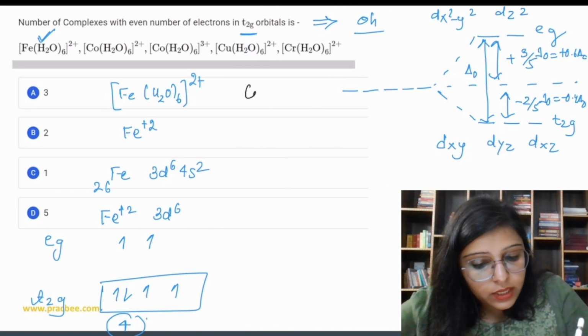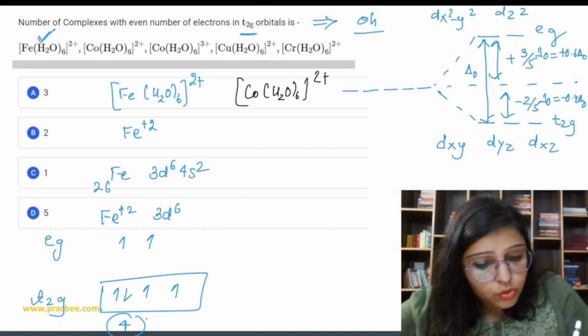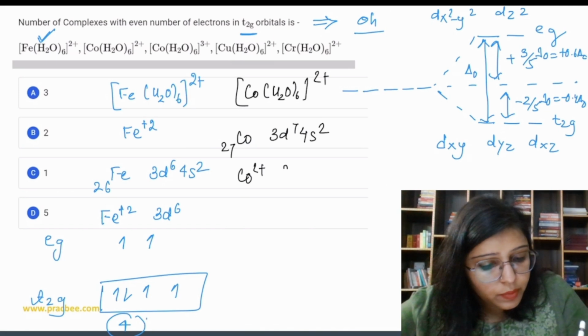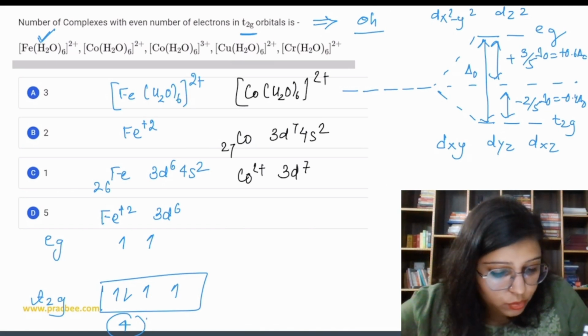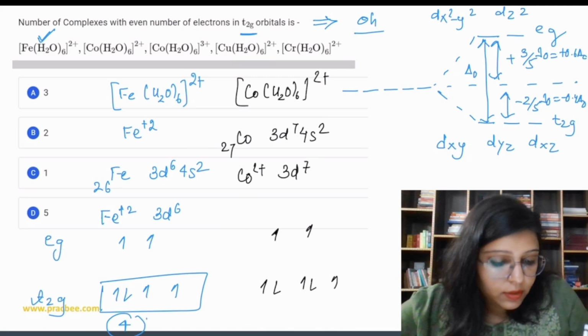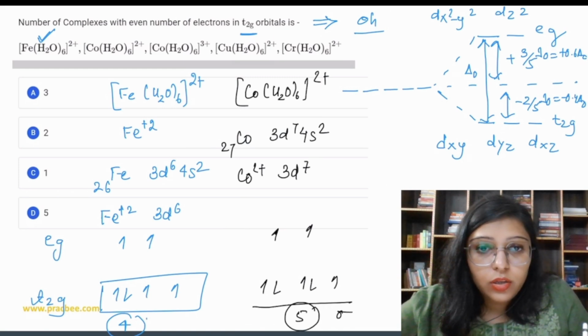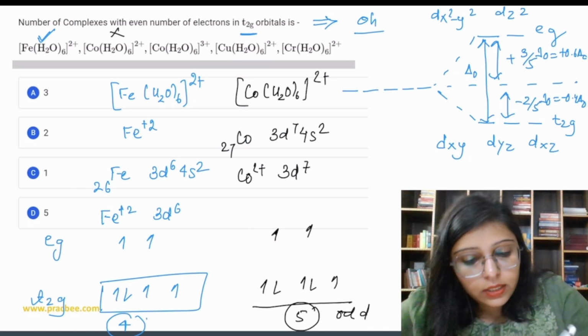Now let's check the next one, [Co(H2O)6]2+. Cobalt is 27, so 3d7 4s2. Now Co2+ is going to be 3d7. We fill t2g and eg: 1, 2, 3, 4, 5, 6, 7. Here in t2g we have 5. That is odd, so this is incorrect.